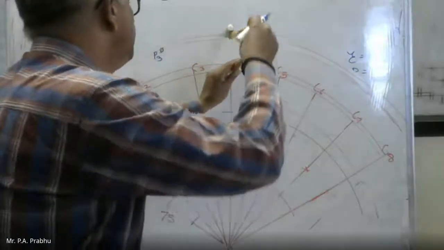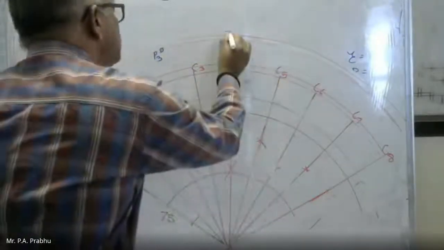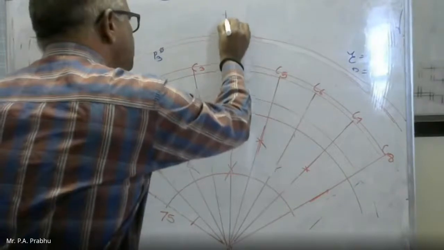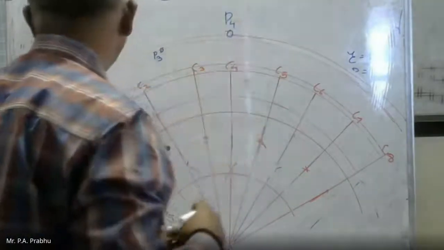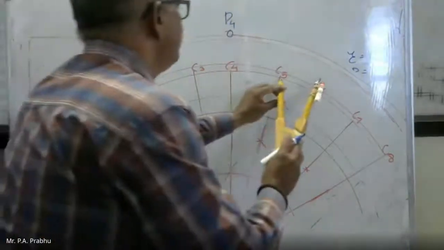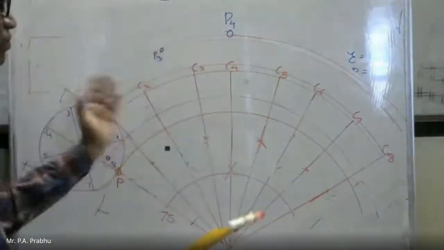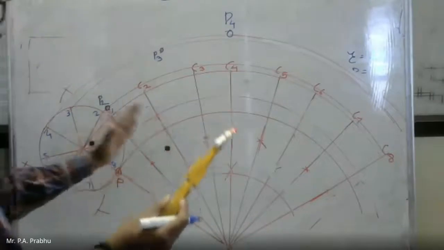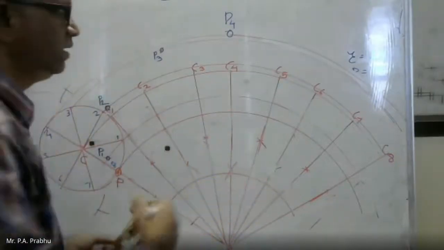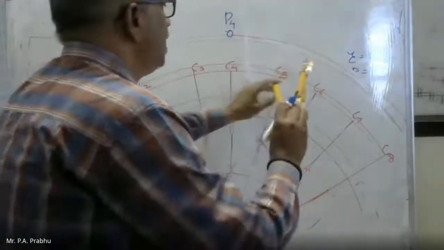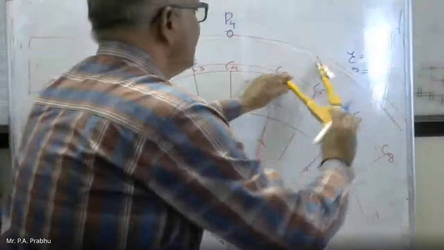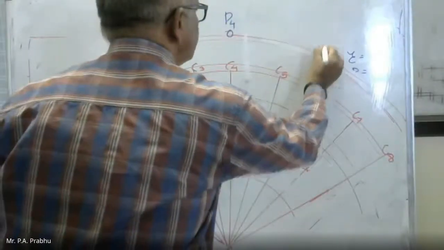Here C4, so your curve, this point must be tangential, P4. Then take C5, again same thing, and mark the points on your left side. After passing through point P4, mark the points on your right side. So mark this point P5.